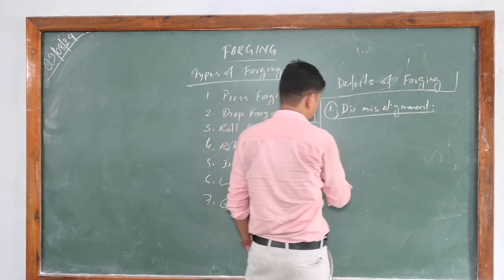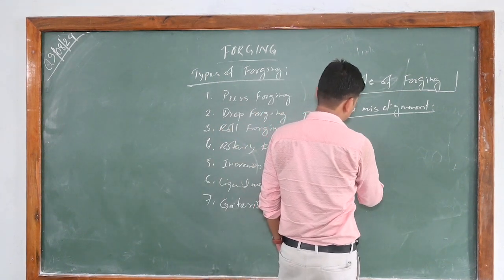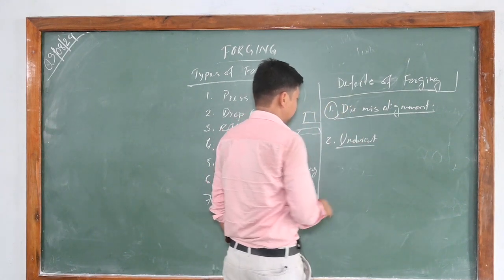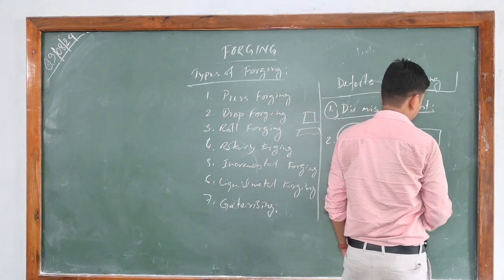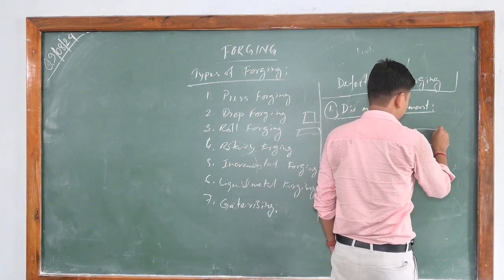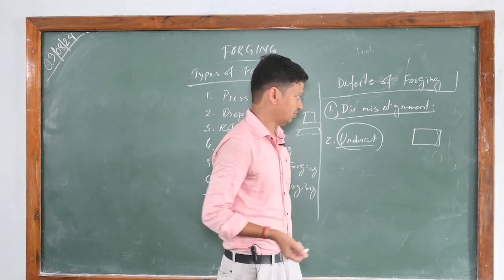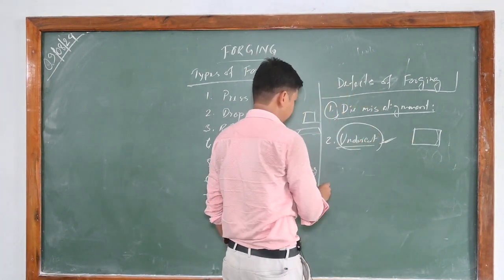After that, we can also see the undercut. Undercut is the place or cavity of the forging which is not filled by the forging.